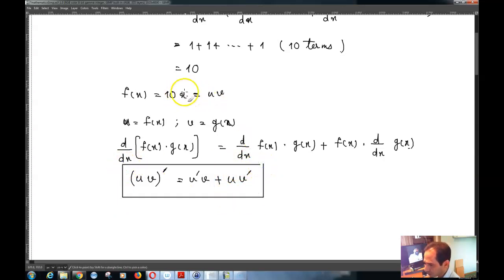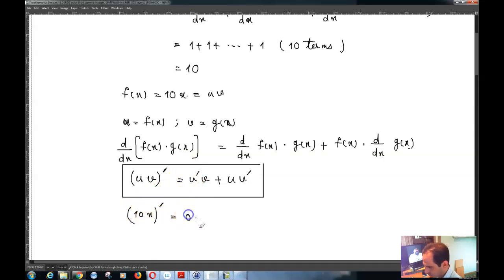Now the function that we have is 10x, and you want to take the derivative of this function. So I write this as 10x whole prime, and this becomes my u, this becomes my v. So then the derivative of 10 is going to be 0, of course.